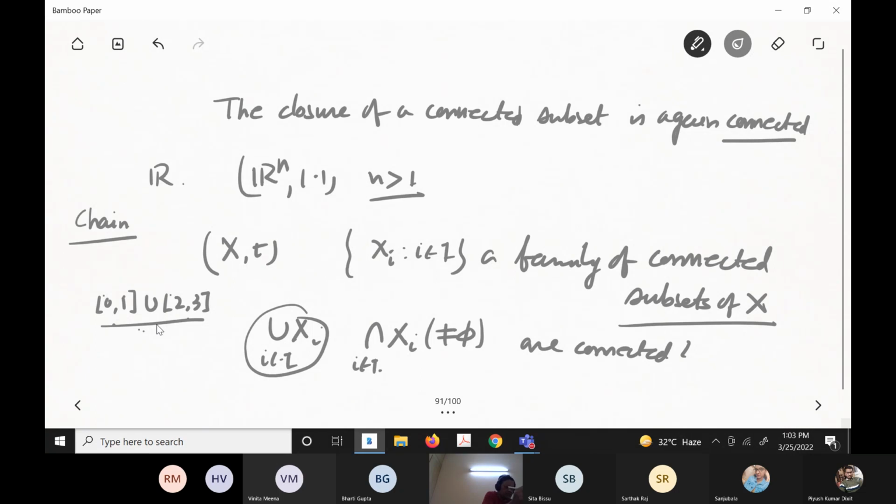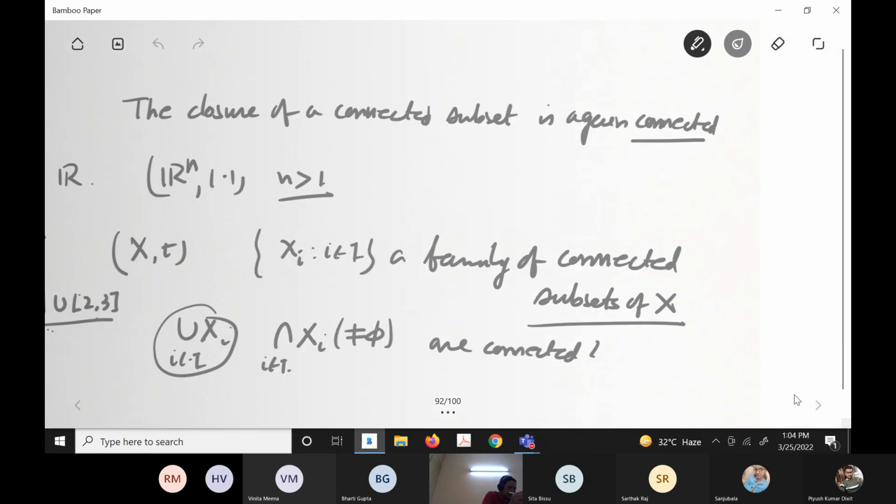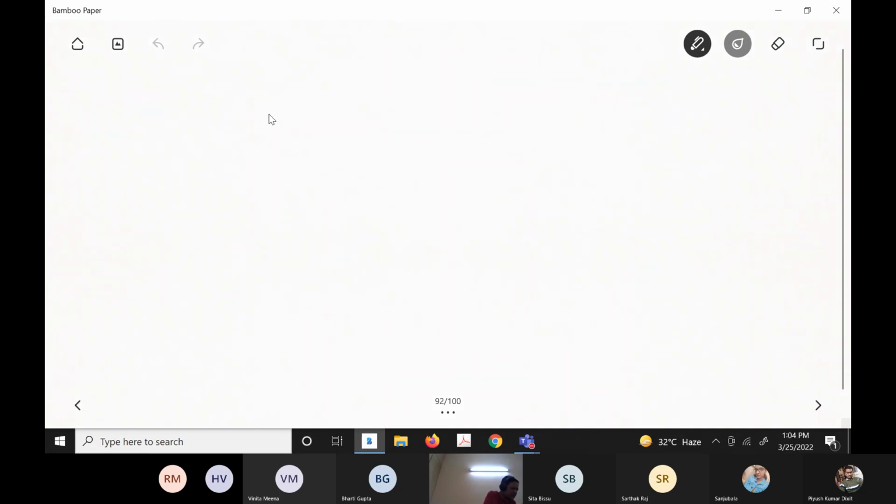Now look, if I go like this with intervals, suppose I1, I2, suppose I3. Suppose I1 intersection I2 is non-empty, and I2 intersection I3 is non-empty. Then what will happen?